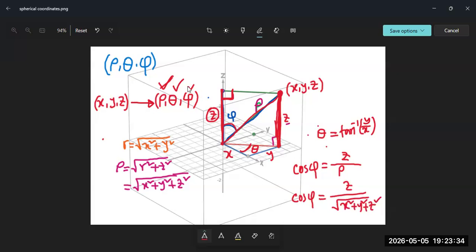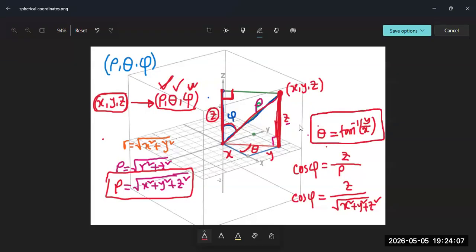So that this phi quantity is also calculated, and by this transformation we can calculate any rectangular points in the spherical coordinate system. So this is the transformation from rectangular to spherical coordinate system. If you have a point in rectangular coordinate system, let's say that point is x comma y comma z, and you want to calculate rho theta phi, in that case the rho quantity is basically square root of x square plus y square plus z square, and the theta quantity is tan inverse y divided by x, depending on the coordinate.